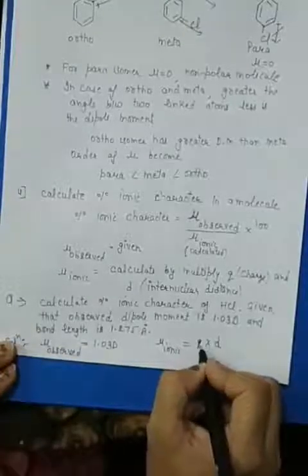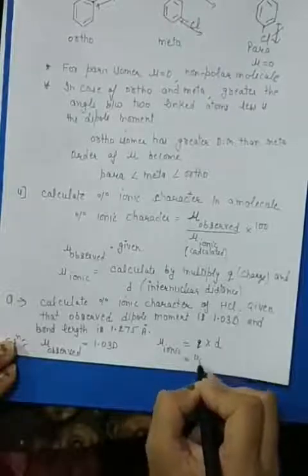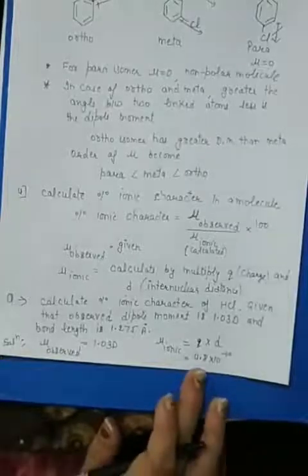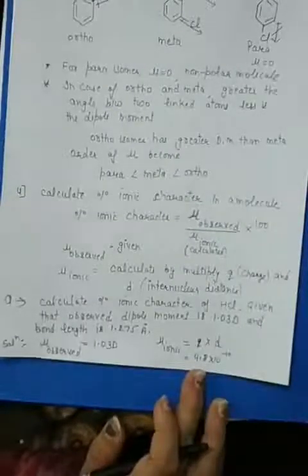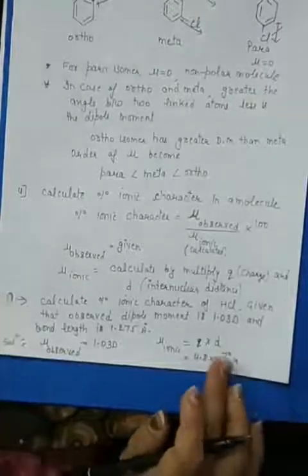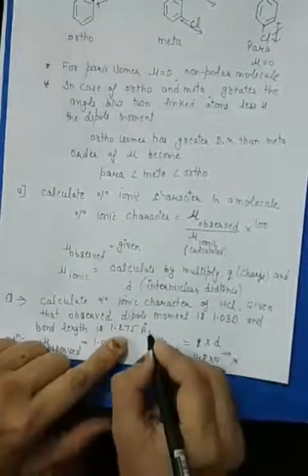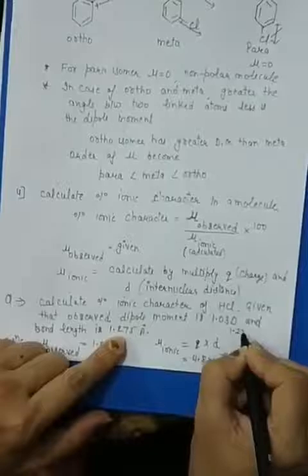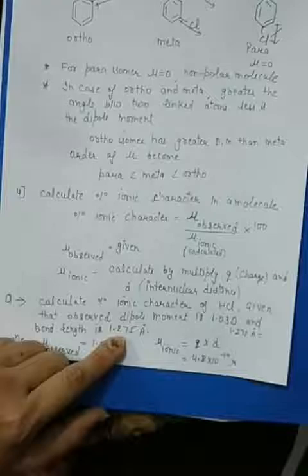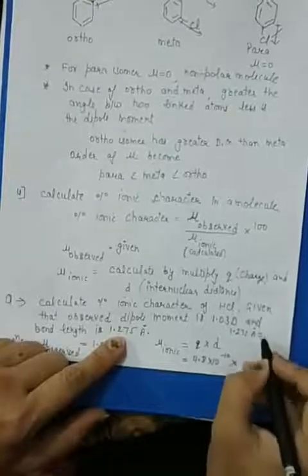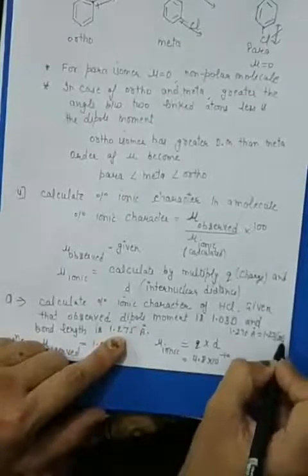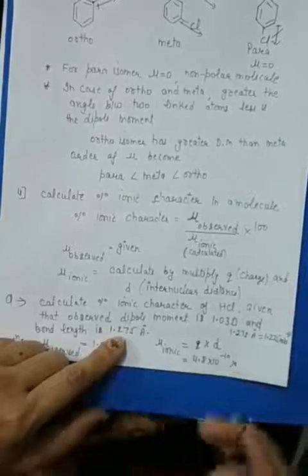Q is the charge which is taken here as 4.8 into 10 raised to power minus 10. It is fixed. The separation of only one electron occurs. Then multiply by distance. It is taken in centimeter. So first of all, convert this value, that is 1.275 angstrom, into centimeter. So it is equal to 1.275 into 10 raised to power minus 8 centimeter.